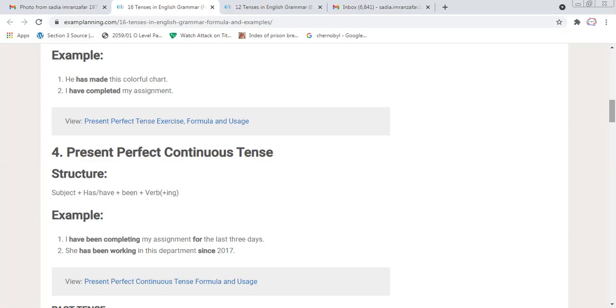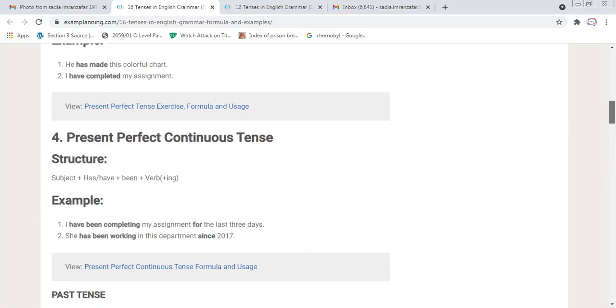So the main identification for this type of tense is that we usually use for and since with it. This is the structure: subject, has and have, and you are going to add been into it.